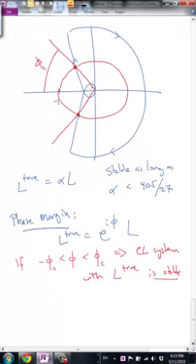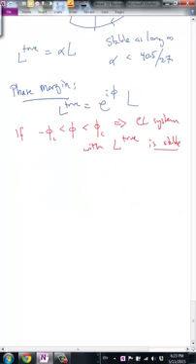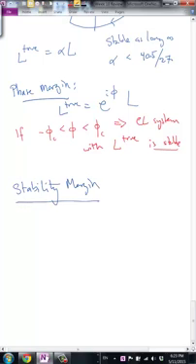What else can we do? The so-called stability margin cares about the setting where we have additive perturbation. L true is equal to L plus some perturbation delta.